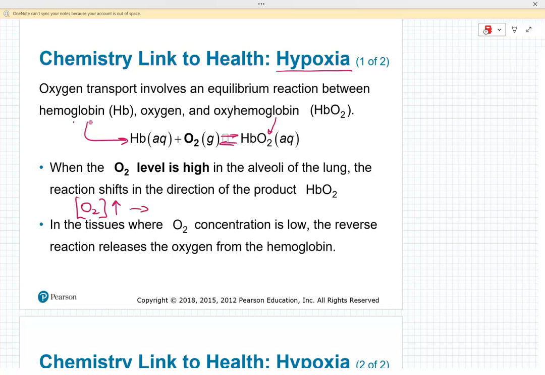Means that the forward rate also increases and becomes greater than the reverse rate. And practically all hemoglobin exists in a form that binds oxygen. Okay?